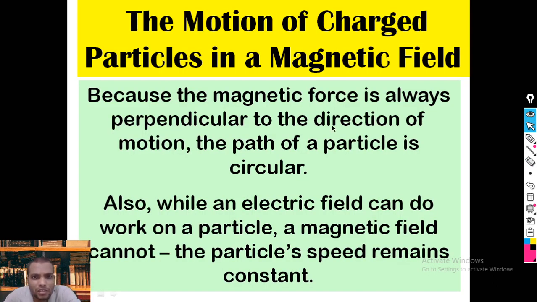The magnetic force is always perpendicular to the direction of motion of the charged particle, which causes the particle to move in circular motion. That is one of the most important points.